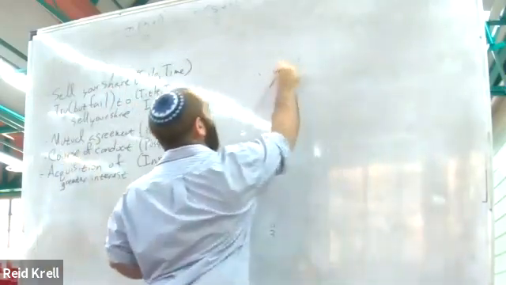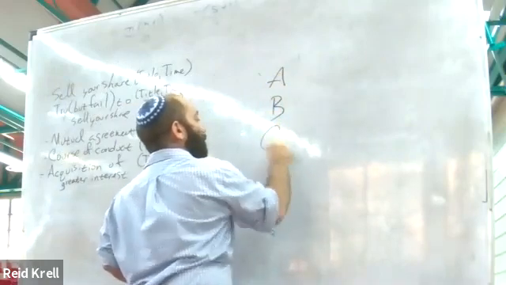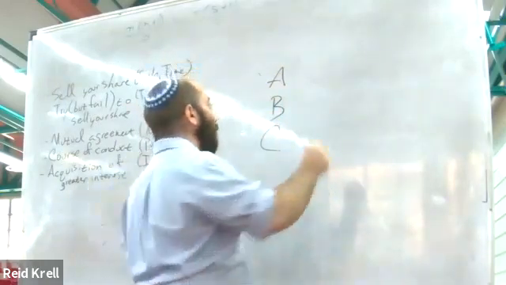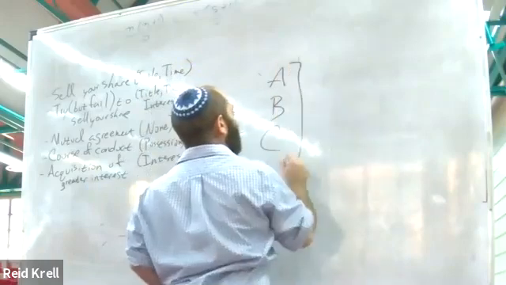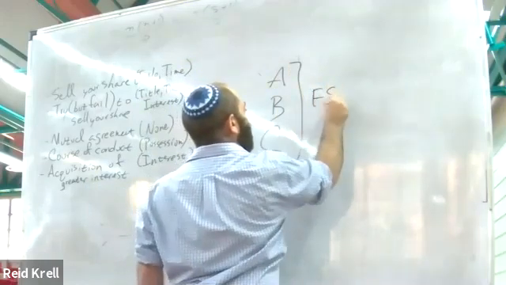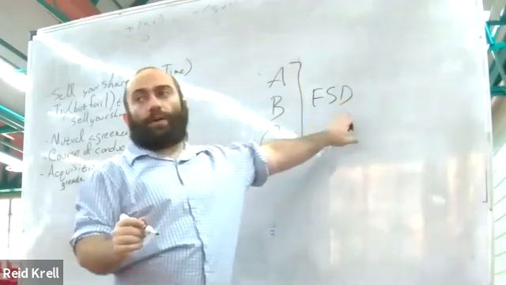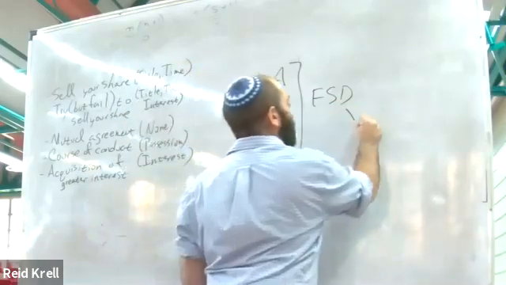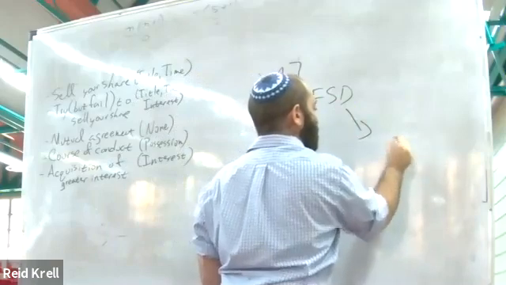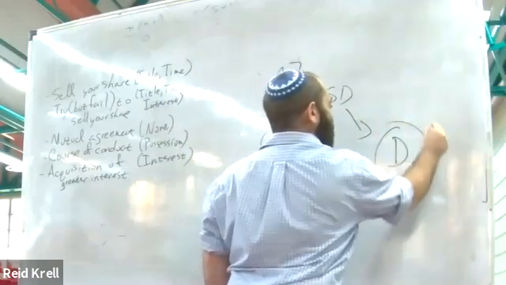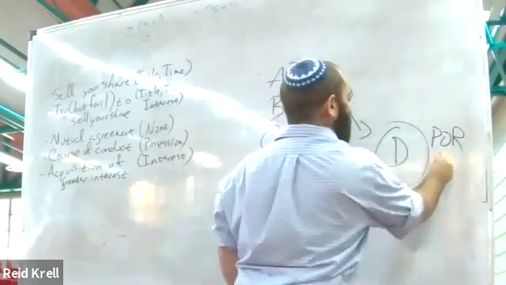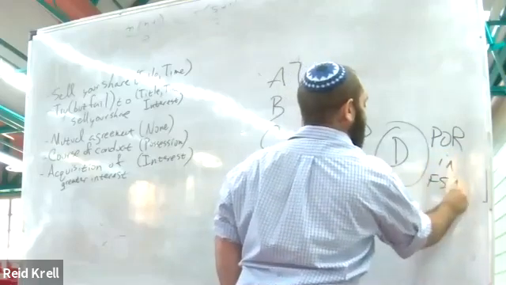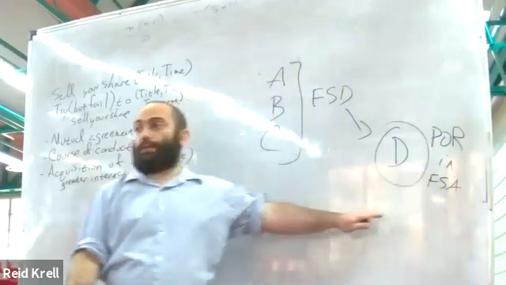So we have A, B, and C who all own a fee simple determinable on a piece of property. And then we have D who owns the possibility of reverter in fee simple absolute.